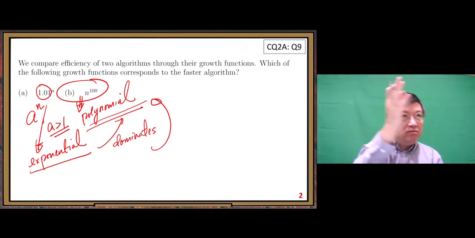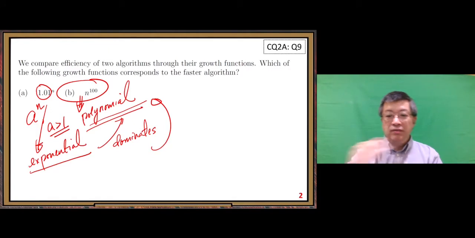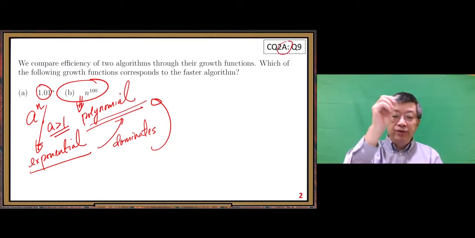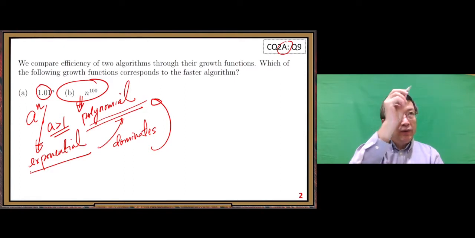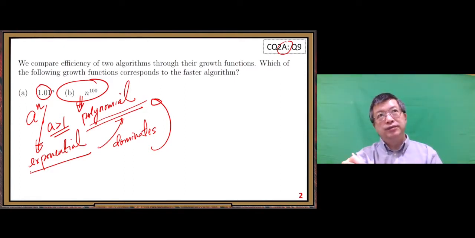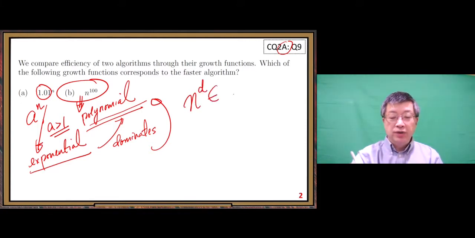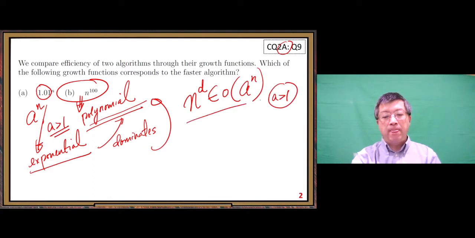And in our module 2, part A, we proved one result. You can go back, find the notes, you can see n to the dth power belongs to little o of a to the nth, an exponential function with a greater than 1.